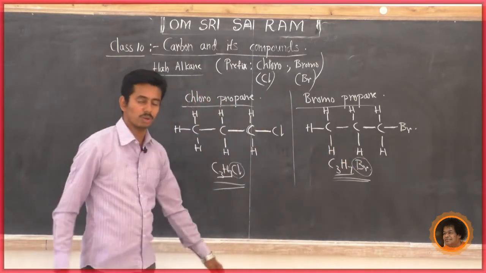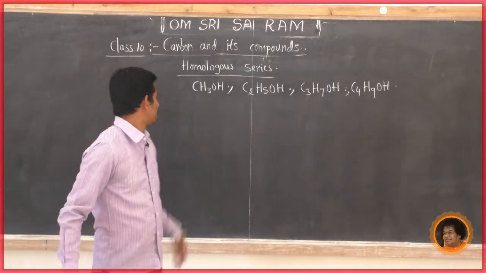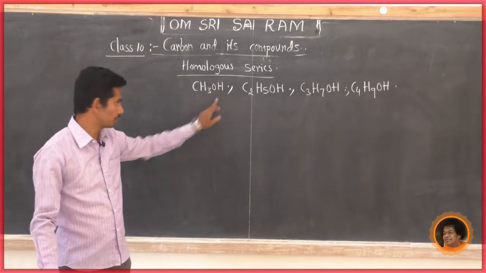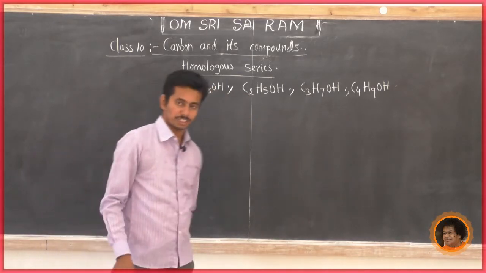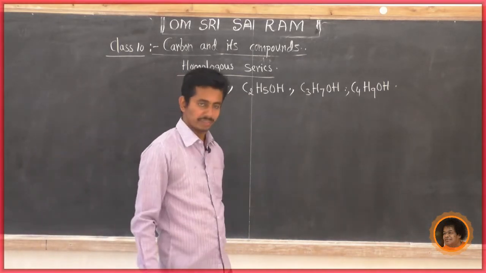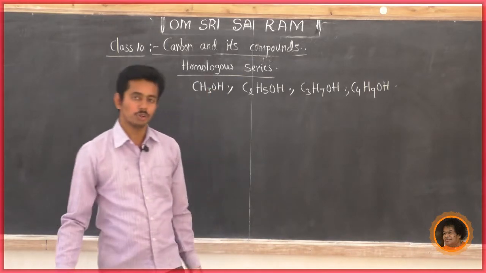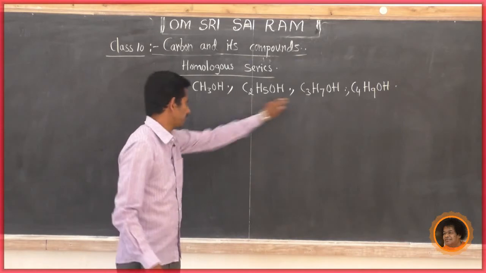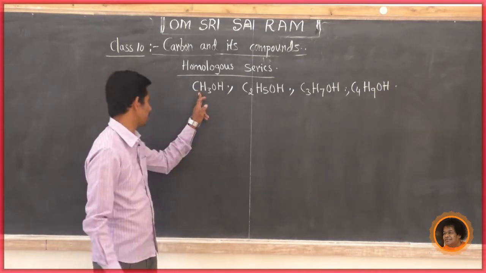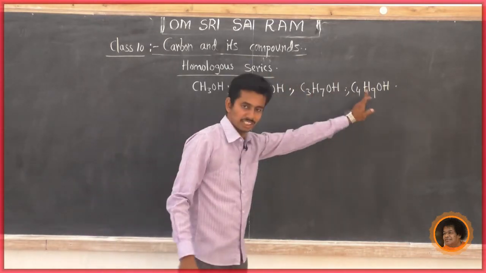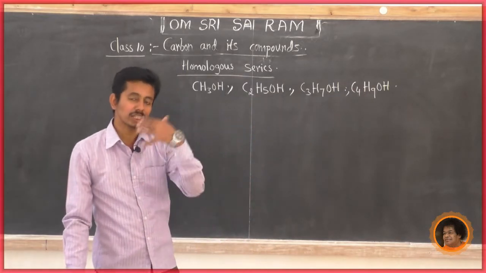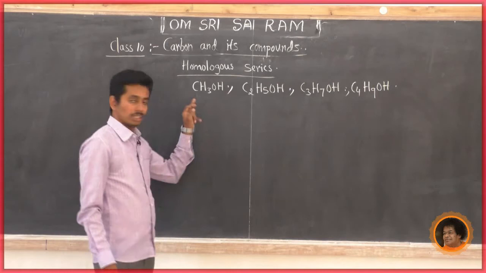This is about haloalkanes. Now just look at the series: CH3OH, C2H5OH, C3H7OH, then C4H9OH. These are molecular formulas, and a series is given. Why is it a series? Because it goes C1, C2, C3, C4, so it is a sequence of compounds.